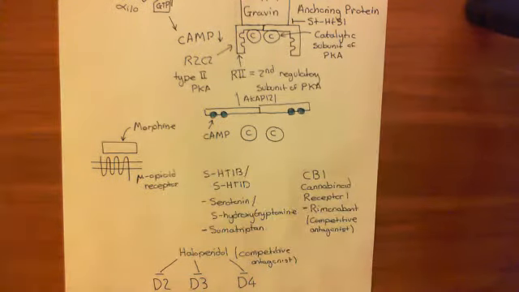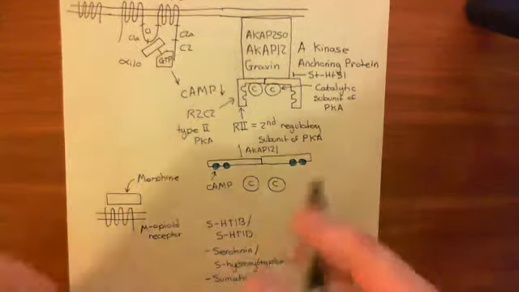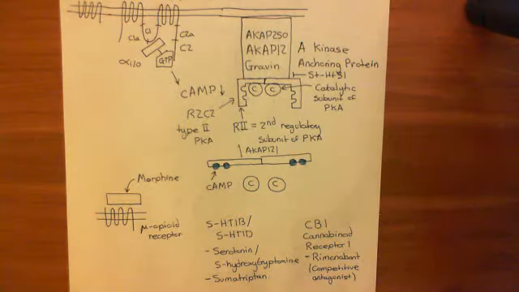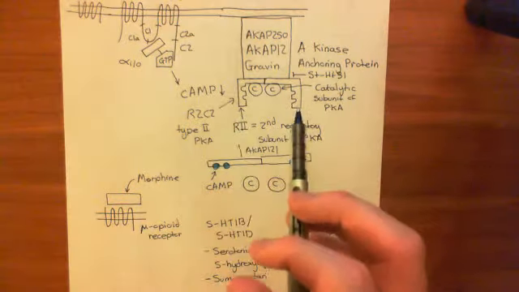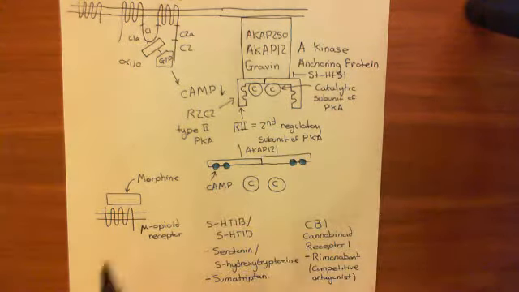And this is a really important concept, that when you activate cyclic AMP production in the cytoplasm, you do not elevate cyclic AMP all over the cell. You elevate it in specific places. So if you no longer have protein kinase A in the correct place, that's going to seriously jeopardize cyclic AMP interactions with that protein kinase A, because cyclic AMP signaling is local.